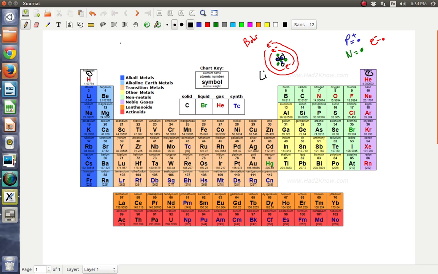So if I have an atom that has 26 protons, which atom is it? Well, I go look at the periodic chart. I look at the numbers at the top, which are the atomic number. These guys at the top here, like for lithium, 3 is its protons, and it's also called the atomic number.